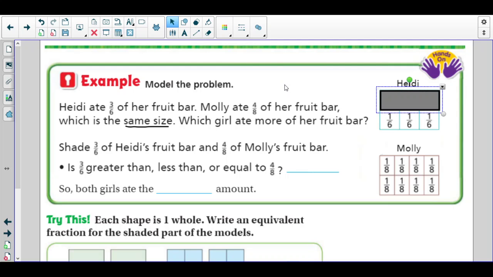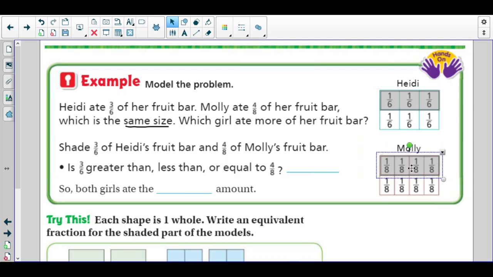I will just go with a gray for right now. And then shade 4/8 of Molly's fruit bar. Which one is bigger?